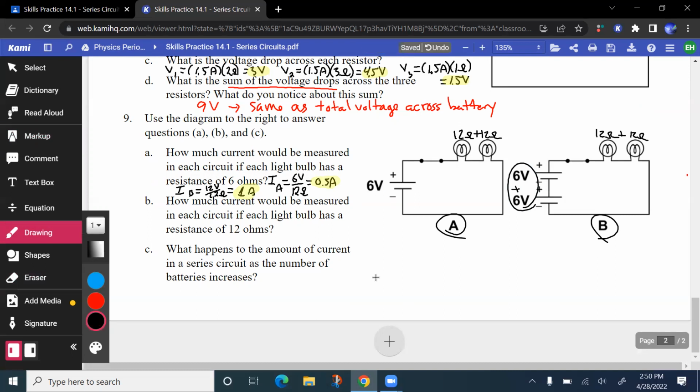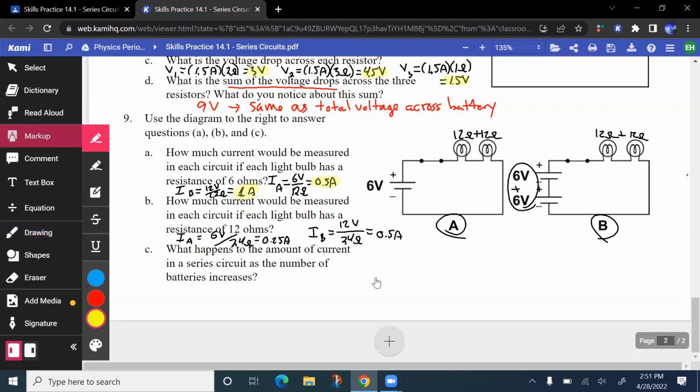Okay, so current on A would be 6 volts divided by 24 ohms, which is a quarter of an amp. The current on B would be 12 volts divided by 24 ohms, which is half an amp.